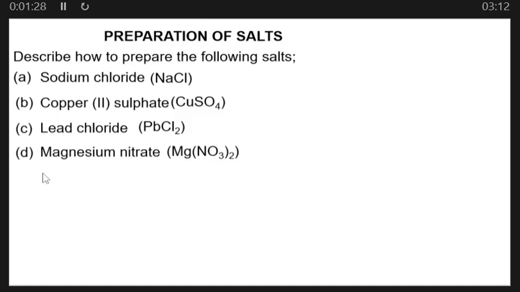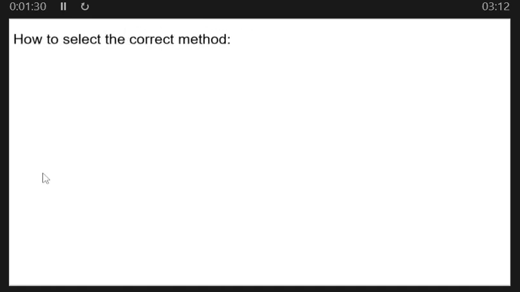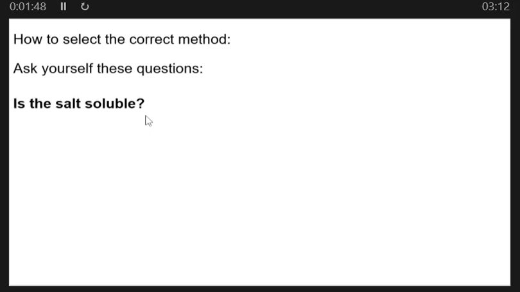So now, for you to be able to select the correct method, you must ask yourself the following questions. Question number one: is the salt soluble? The salt you are trying to prepare, is it soluble?